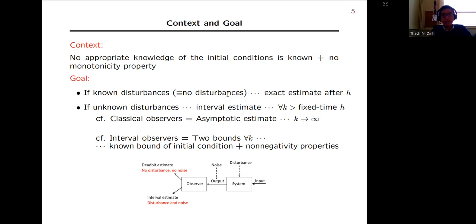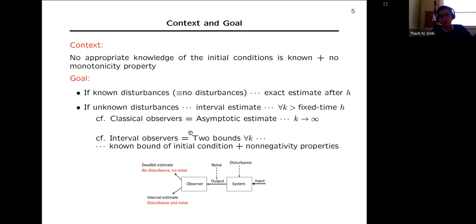Of course, these assumptions are not realistic because most of the time we have to cope with disturbance and noise. In the case where we have to cope with disturbances and noise, our technique will give an interval estimate for time k greater than the fixed time S. So let me recall classical observers.